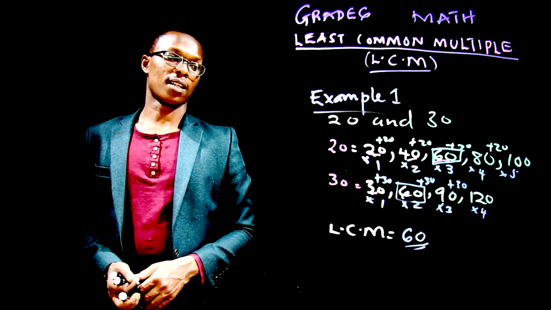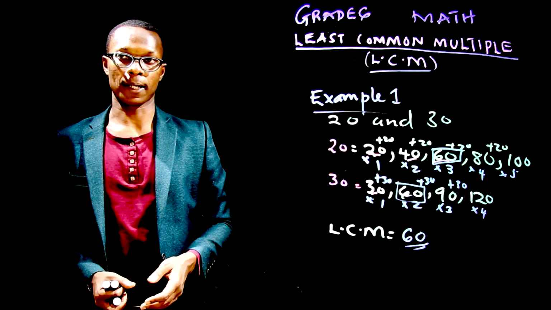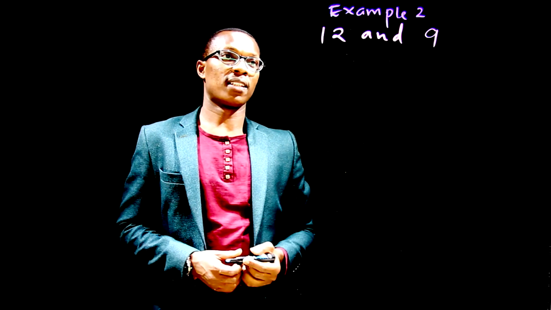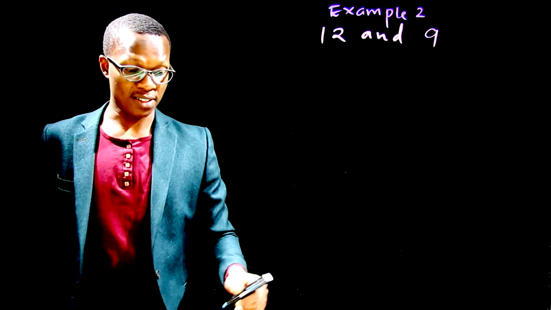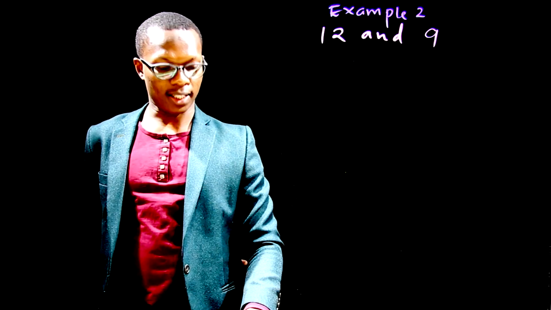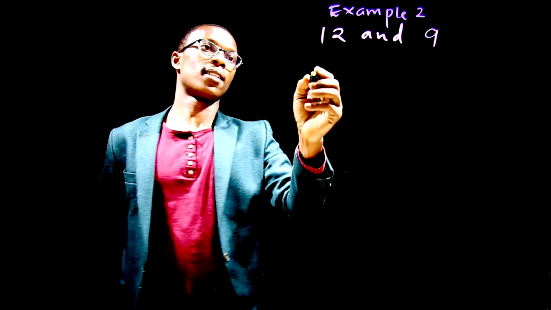We can do another example so that you can see how to find this LCM. Now that we have done the first example, let's take a look at this second example and see if it's still as easy as the first one. We're going to look at the LCM of 12 and 9.